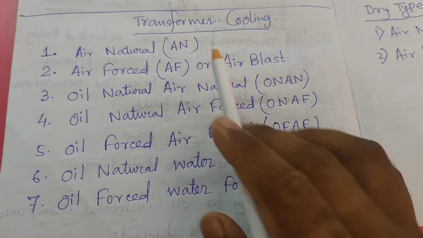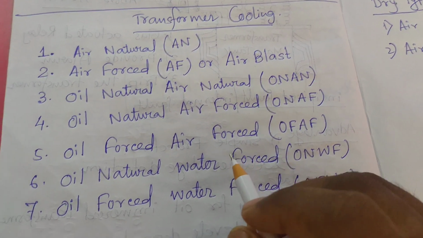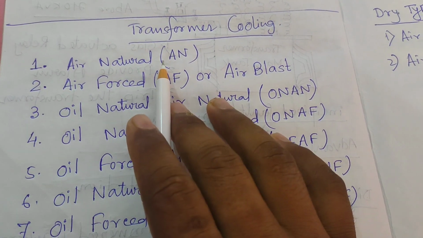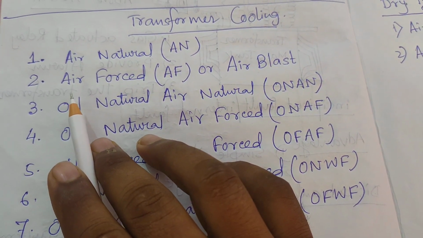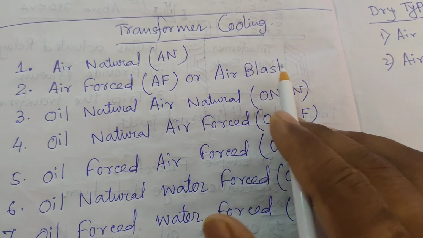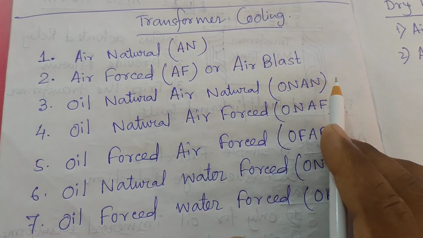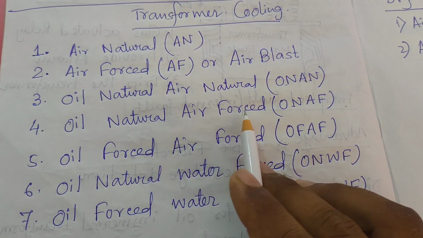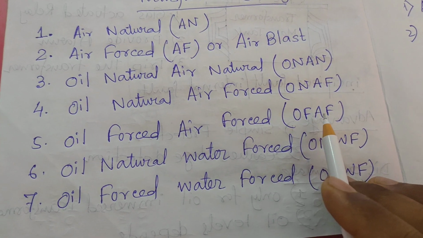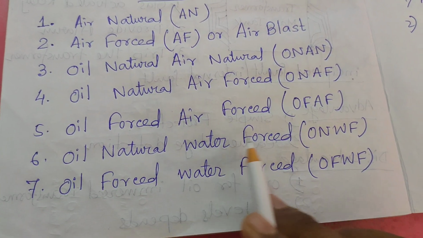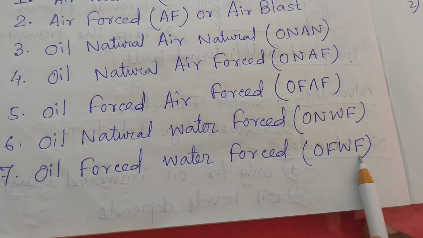So in the case of transformers, the cooling procedures have their own specifications. The first is air natural, abbreviated AN, air force or air blast, then oil natural air natural, ONAN, oil natural air forced, ONAF, oil forced air forced, OFAF, oil natural water forced, ONWF, and oil forced water forced, OFWF.